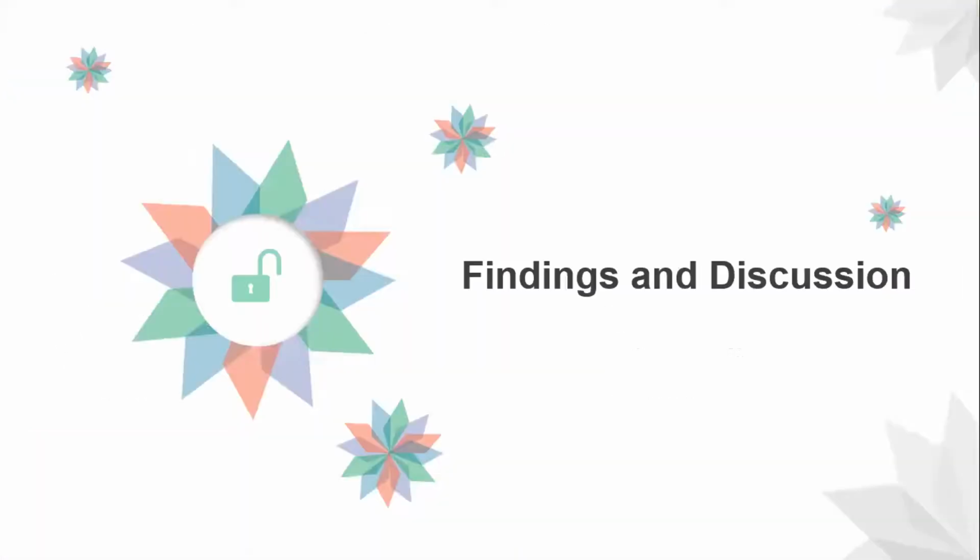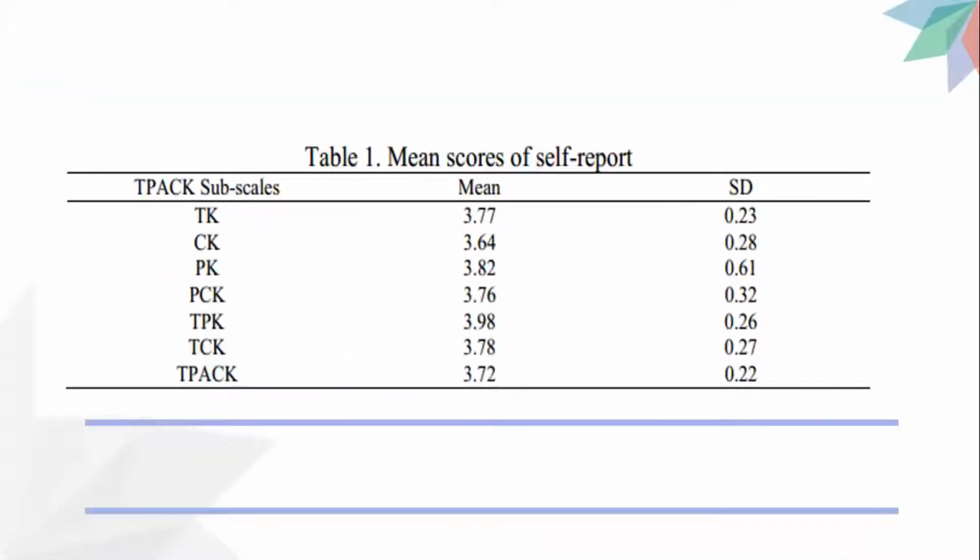This is the result of the calculation of the mean and the standard deviation of the 7 elements based on the students' self-report of their belief in their TPACK competence.